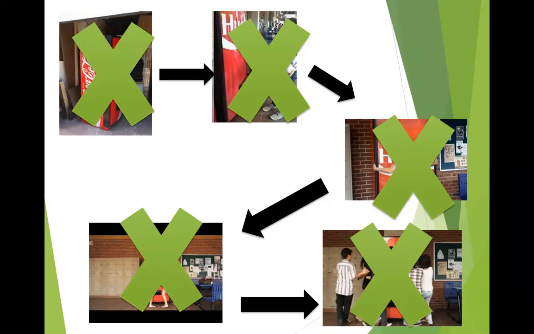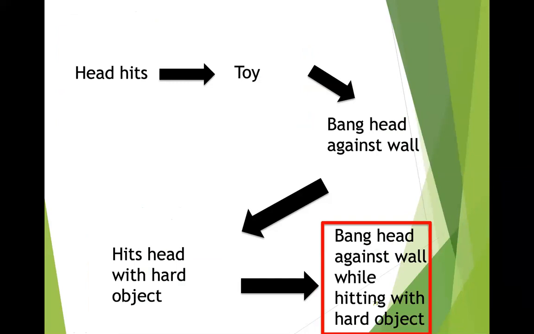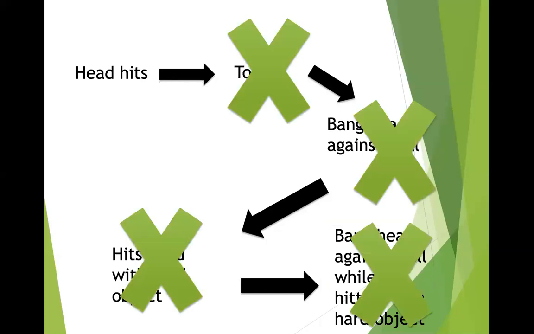I've learned over time that I'm still not getting my soda, so I'm no longer going to engage in that behavior of putting that money in the machine because I know it's not going to give me access to my Coke. And in this example here with head hitting, if we are no longer reinforcing any of these responses, we are likely to see the head hitting decrease because it's not giving that child access to the toy.